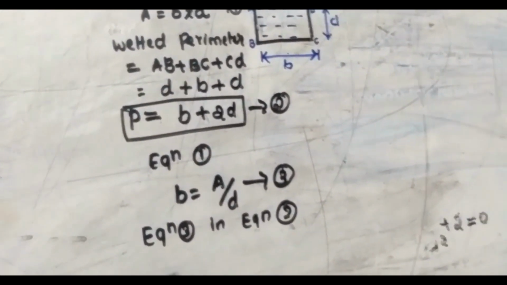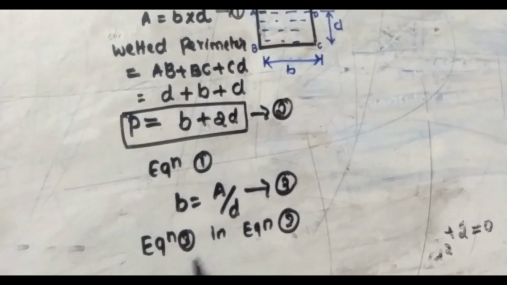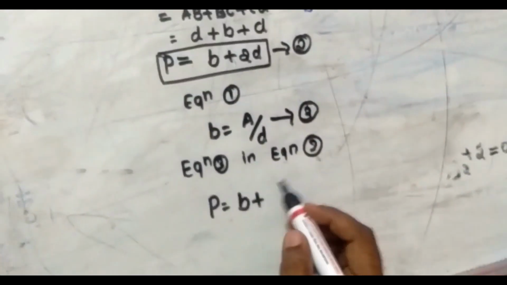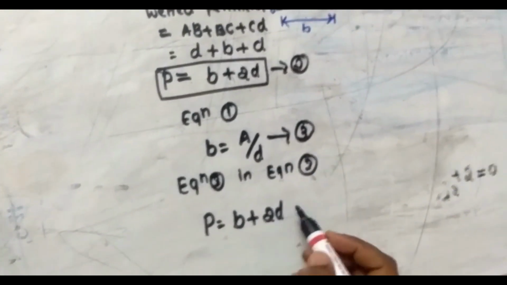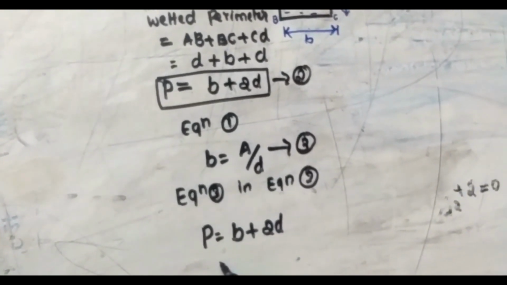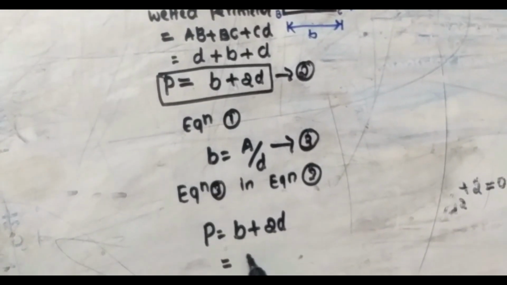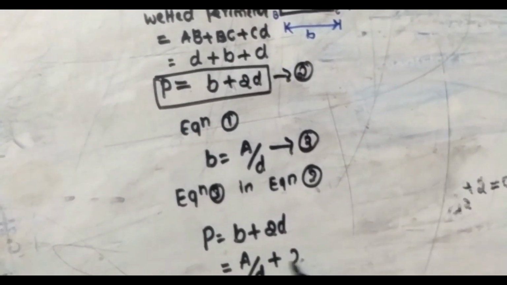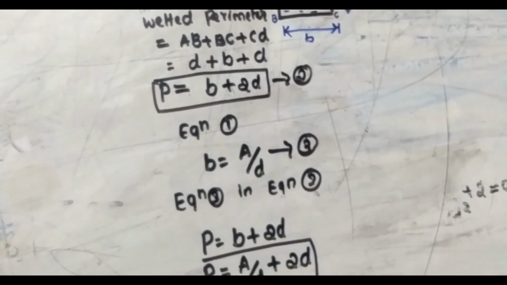P is equal to B plus 2D, so instead of B, P is equal to A by D plus 2D.